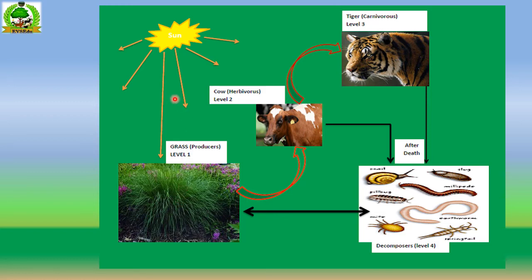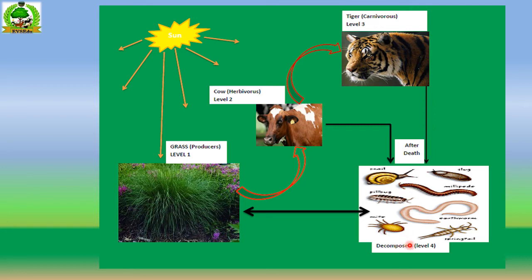Similarly, tertiary carnivores are dependent upon them, and after that, what happens? Decomposition. That is level 4, where decomposers feed on them and convert their organic matter, what they got during their lives from feeding, into simple inorganic matter, and in this way the cycling of nutrients takes place.